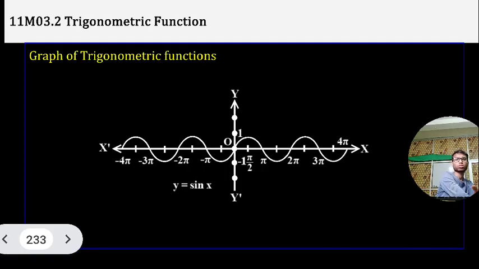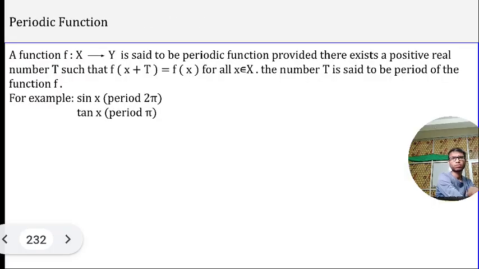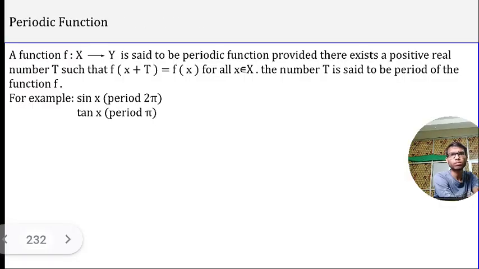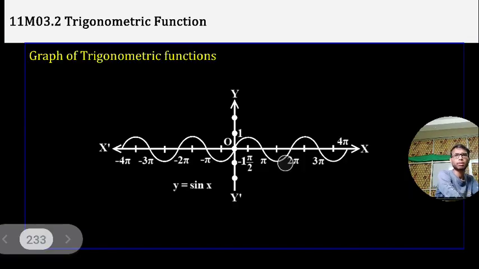Here is a graph of a trigonometric function. Let's visualize it. Here x goes to minus 4 pi. It is telling you that from here to here is the first quadrant.